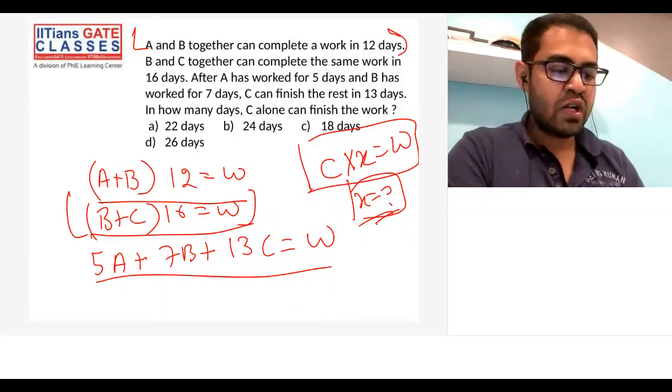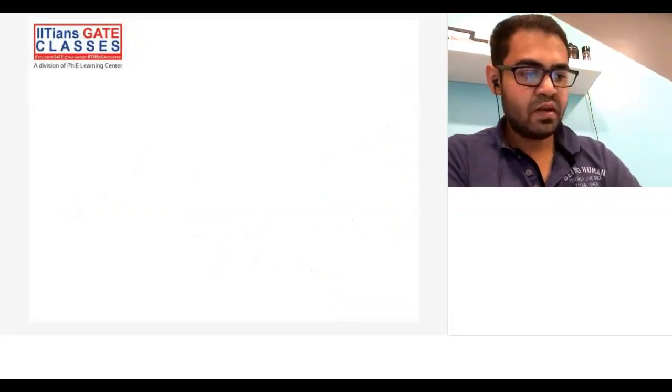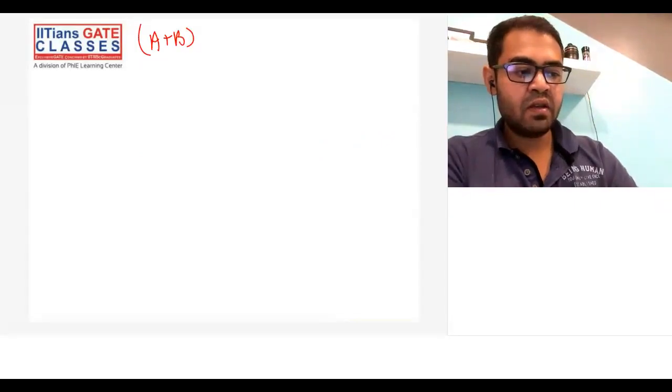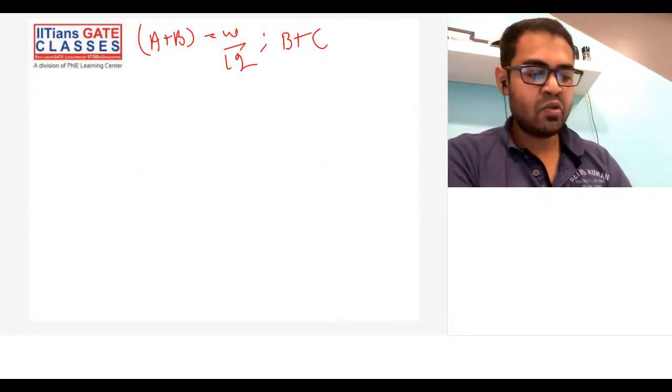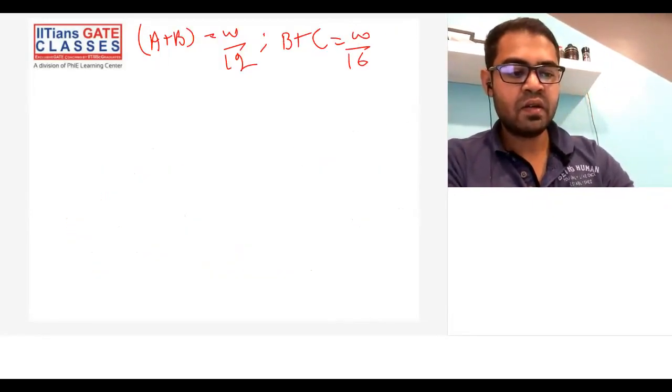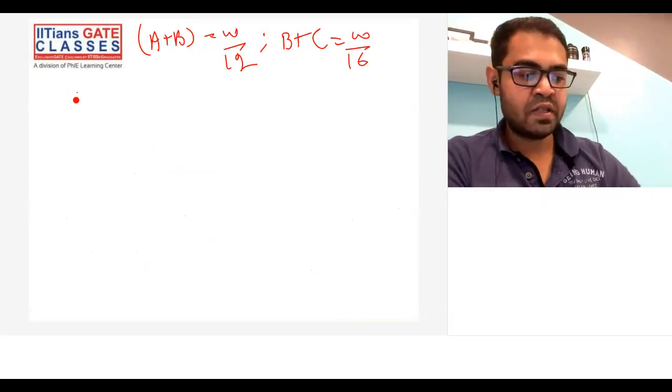So what I'll do is, see, I know A plus B is equal to W by 12, and B plus C is W by 60. Now I have this equation with me: 5A plus 7B plus 13C.